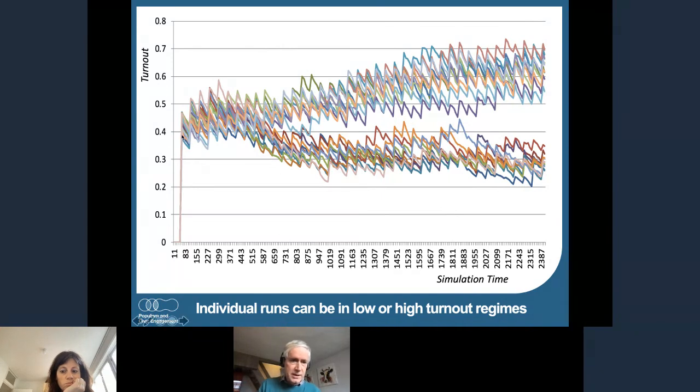They start out with a median level of turnout, so about 45% of people who can vote voting. Then over time, you might either go to a low turnout regime or a higher turnout regime. The zigzags aren't significant. They're just due to the fact that after an election, some people who did vote drop out, they die from the electorate, so it goes down until the next election.